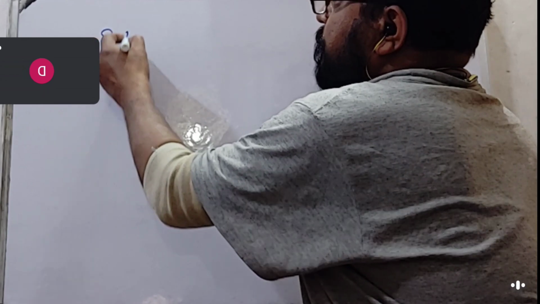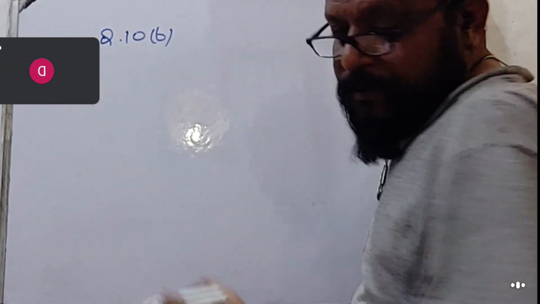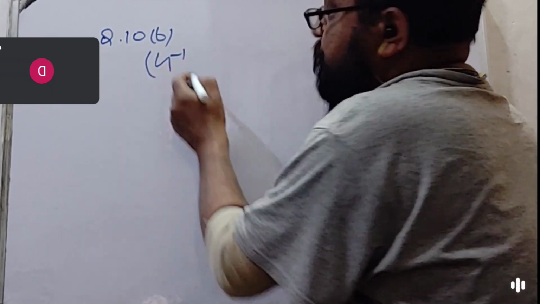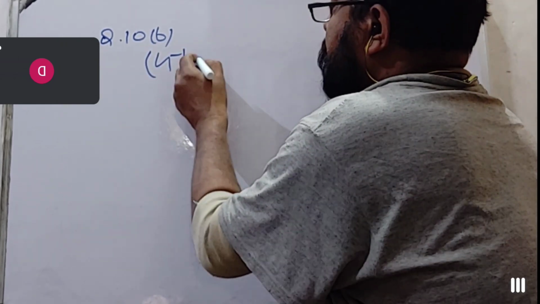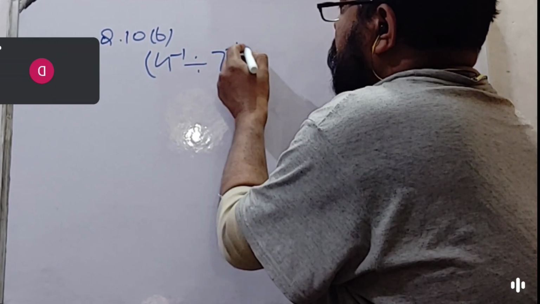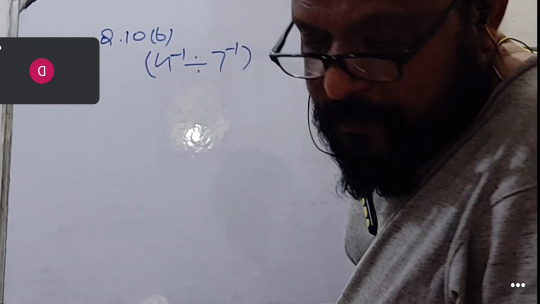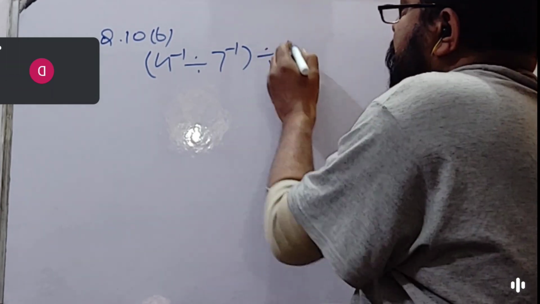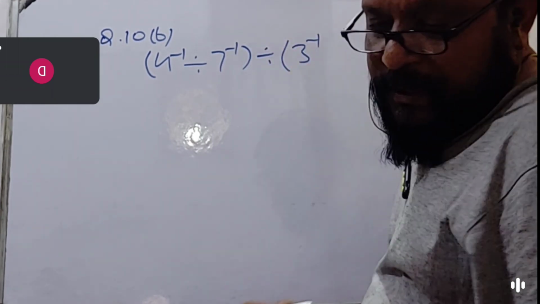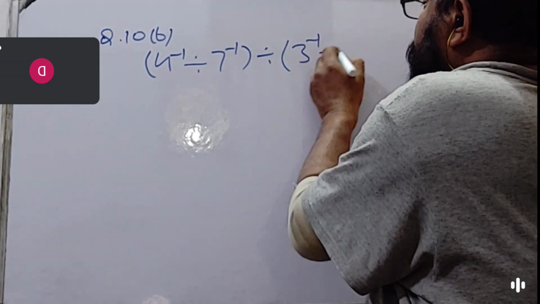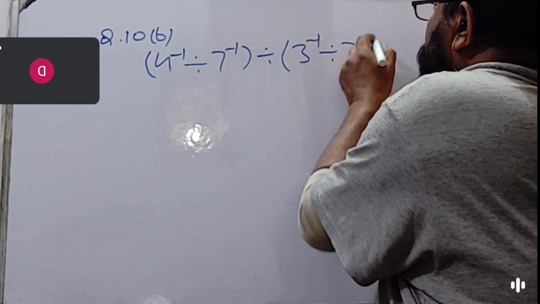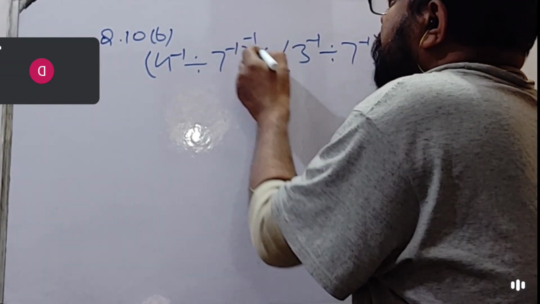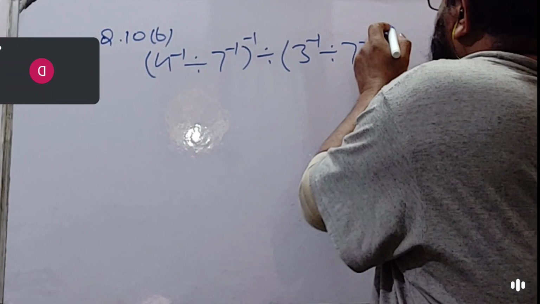Question number 10, part B is 4 raised to the power minus 1 divided by 7 raised to the power minus 1, divided by 3 raised to the power minus 1 divided by 7 raised to the power minus 1, whole power minus 1 is here.